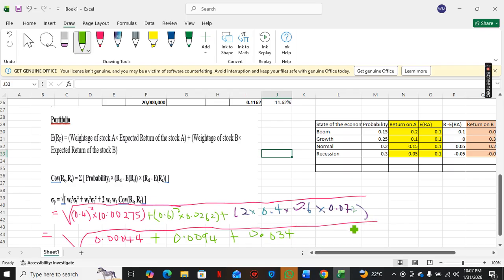You get 0.043. So we take the square root of 0.043.